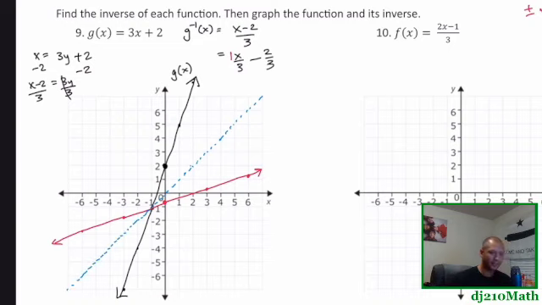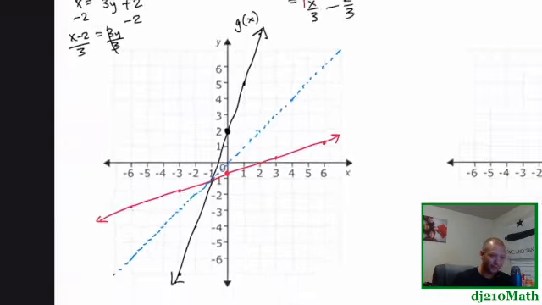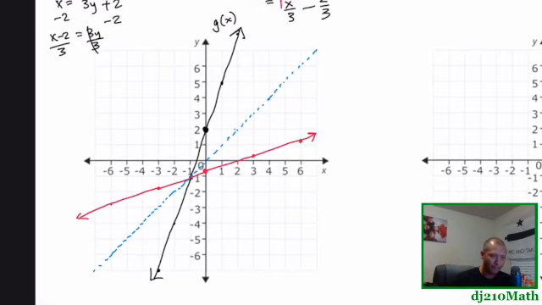You'll come to find that when you have a function, its graph, and its inverse, the inverse is reflected across y equals x, the blue dashed line. So that's a nice little feature. You might have to stare at this for a little bit to understand what I'm saying.